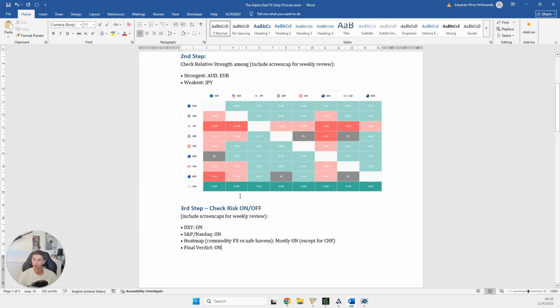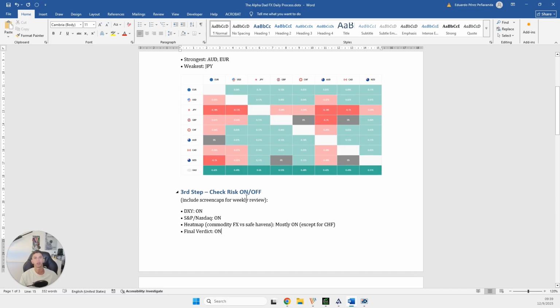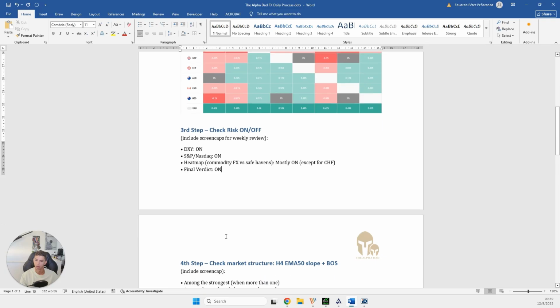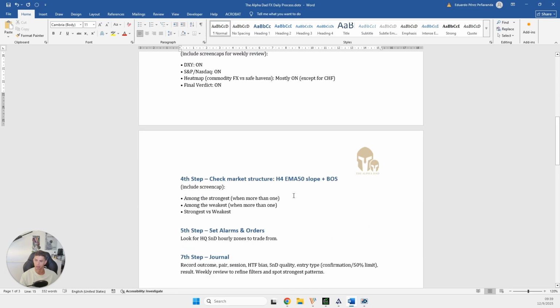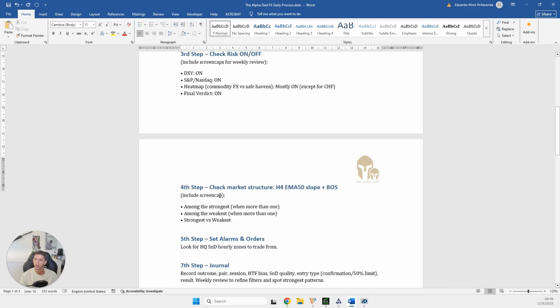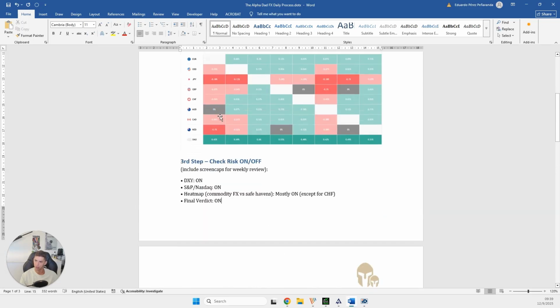We're on a risk on scenario. If you're on a risk on scenario, what are we going to be doing? We're gonna be longing the forex market against the USD, against the JPY, against the CHF. In this case, the CHF is not weak, so we're gonna use other markets against USD and CHF.